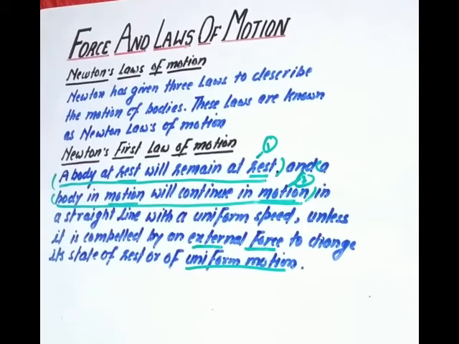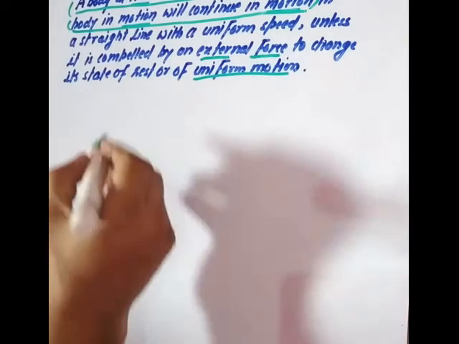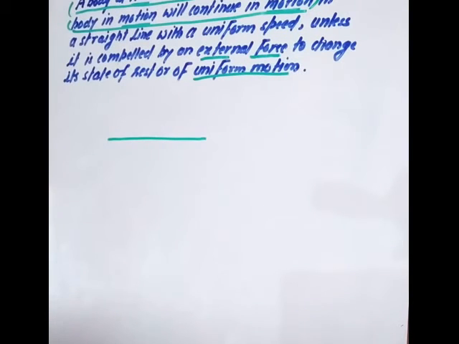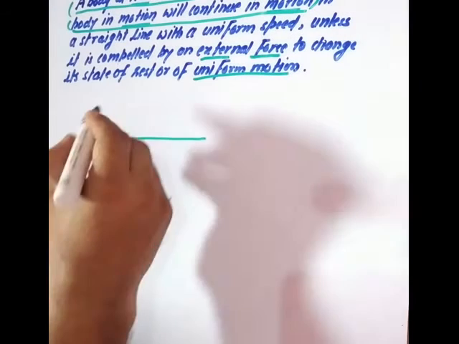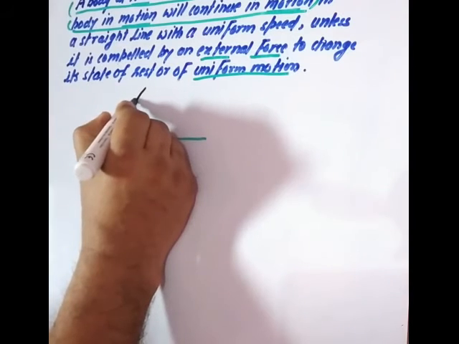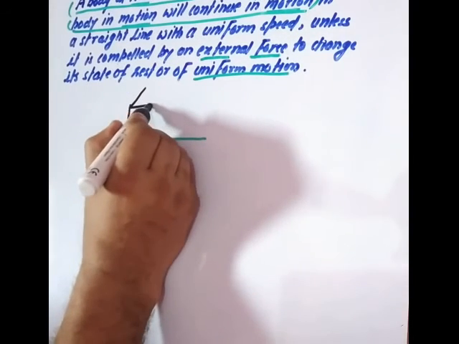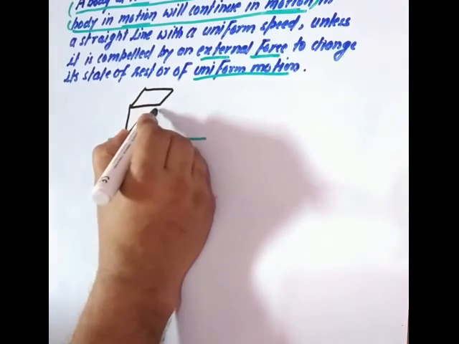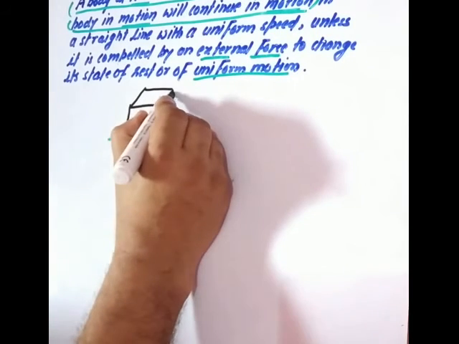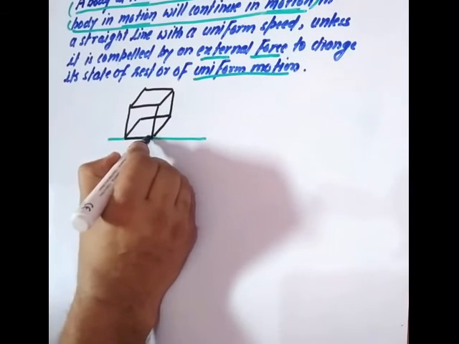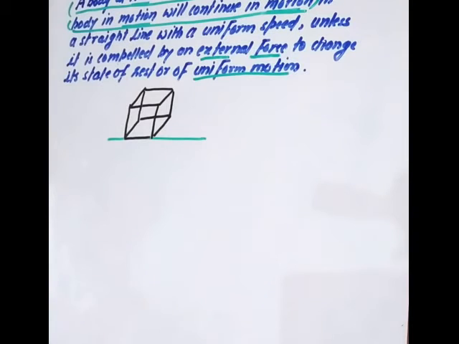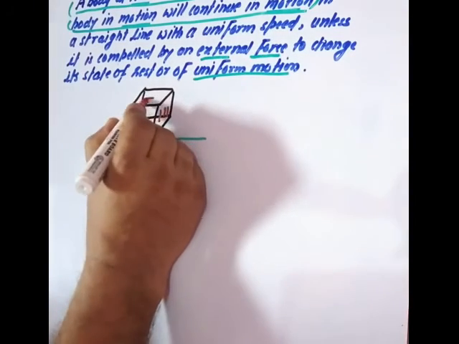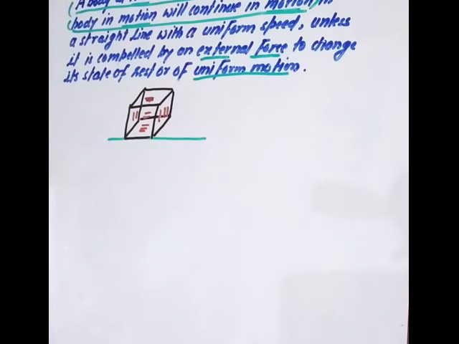Suppose a heavy box is lying on the earth's surface, or on a table. The box will not move by itself.